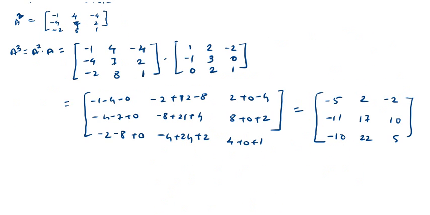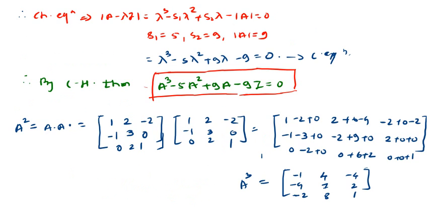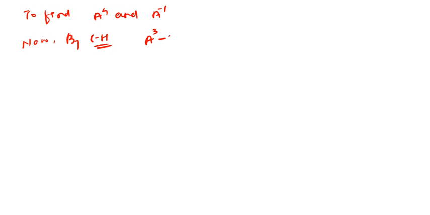Okay, in the same question they have asked to find the value for A to the power 4 and A inverse. Now by the Cayley-Hamilton theorem, what we have proved is A cube minus 5A square plus 9A minus 9I equal to 0.